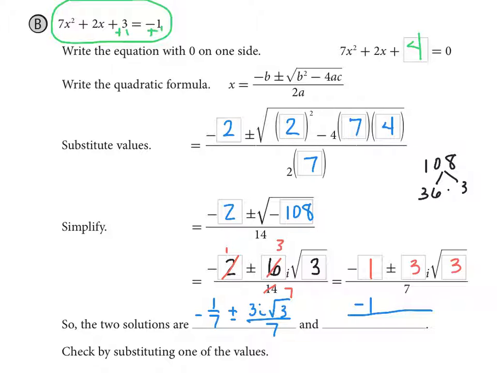It keeps it simpler. So negative 1 plus or minus 3i square root of 3 all over 7. I think your book here was actually wanting you to separate the plus or minus sign. I wanted to show you just 2 different ways that are equivalent ways to express the solution.